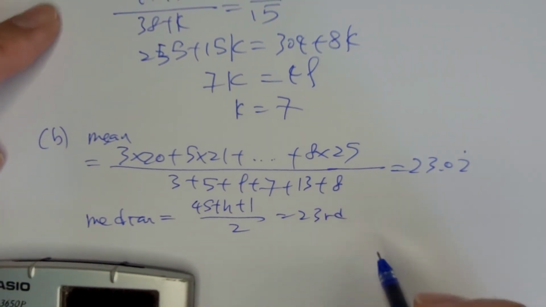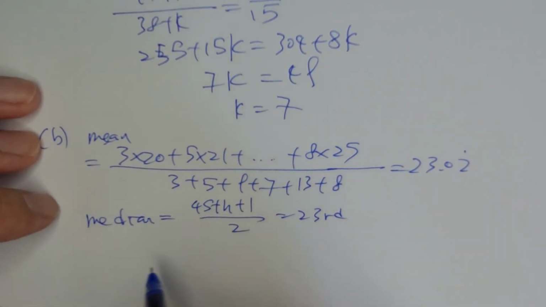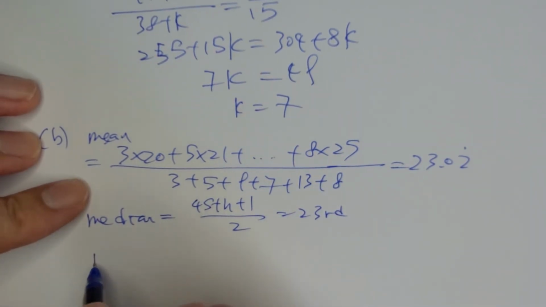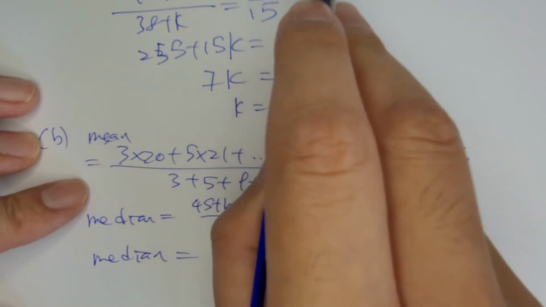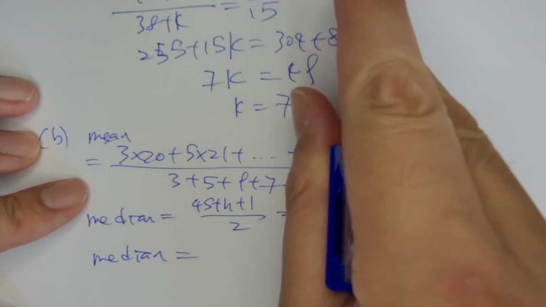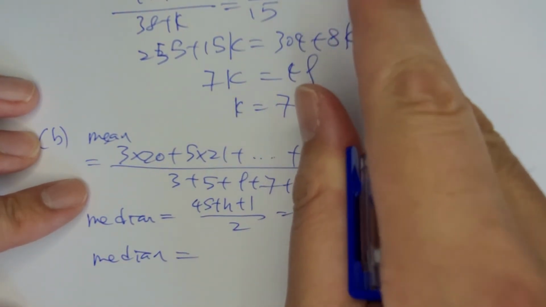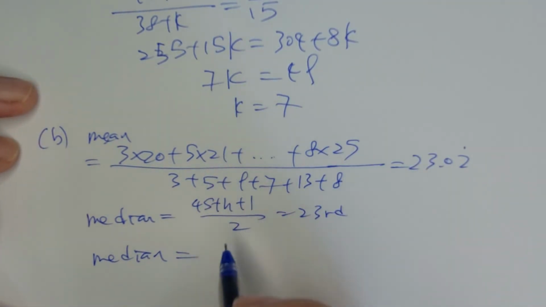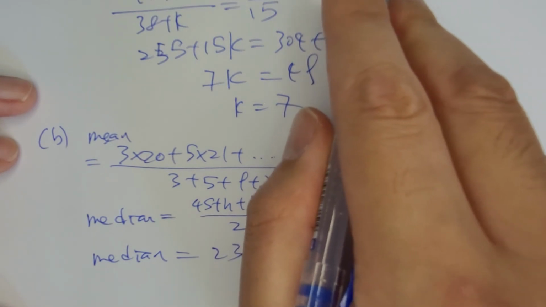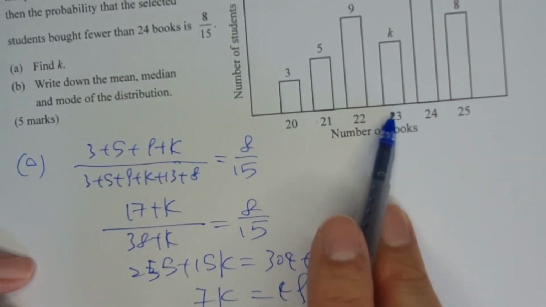And hence, 3 plus 5 plus 9 is 17 only. 17 plus 7 is 24. So actually the median is 23. It's lying on this one.